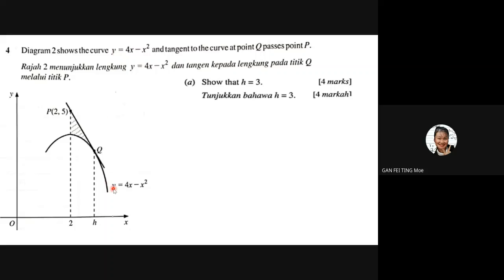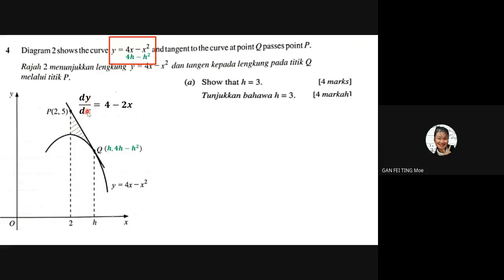This is the curve, and the tangent, I have only curve and tangent point Q passes through this. This part has a few information given. How am I going to connect the curve with the tangent here? Is by differentiating.